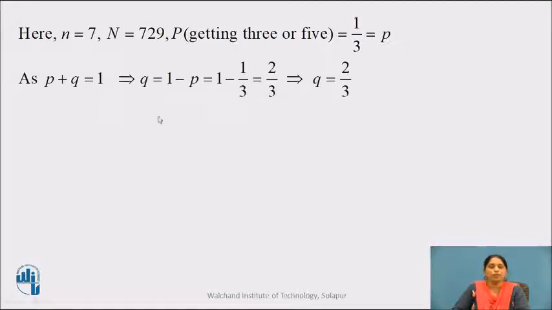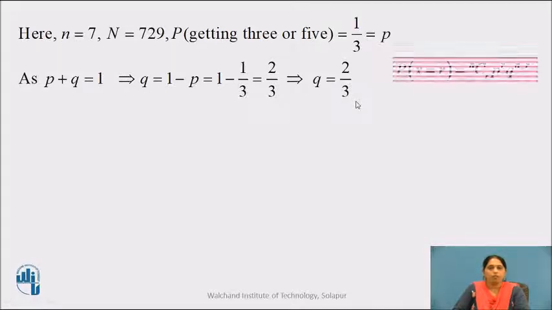And as for binomial distribution, p plus q is equals to 1, we get q equals to 1 minus p, that is 1 minus 1 by 3, which gives us q equals to 2 by 3.